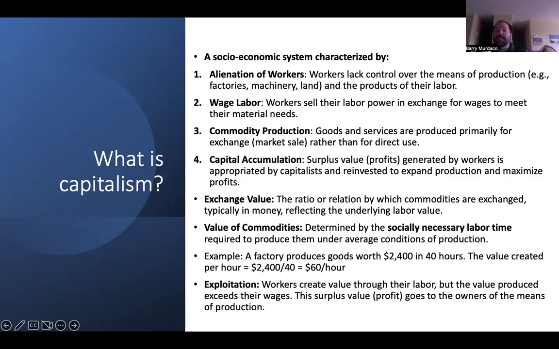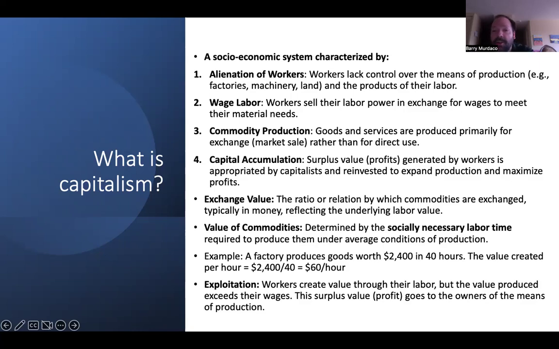Now, what else happens as the exchange of commodities becomes more and more pronounced and expansive? It requires a commodity that you can use to facilitate this process of exchange, and that's where you get money from. You can imagine exchange value in a barter system where we exchange one set of objects for another set of objects that have an equal amount of labor time embodied in them.